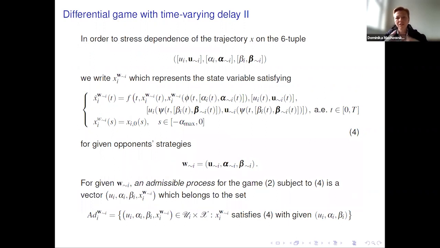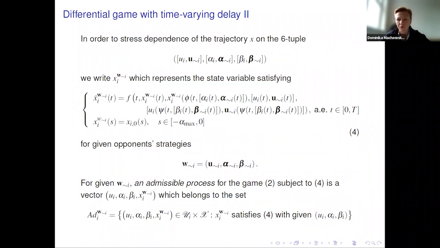Okay, so let's come back to our differential game. Because the system is not as simple as we may think at the beginning, we always want to keep in mind that for each type of strategies the dynamics of the system is different.